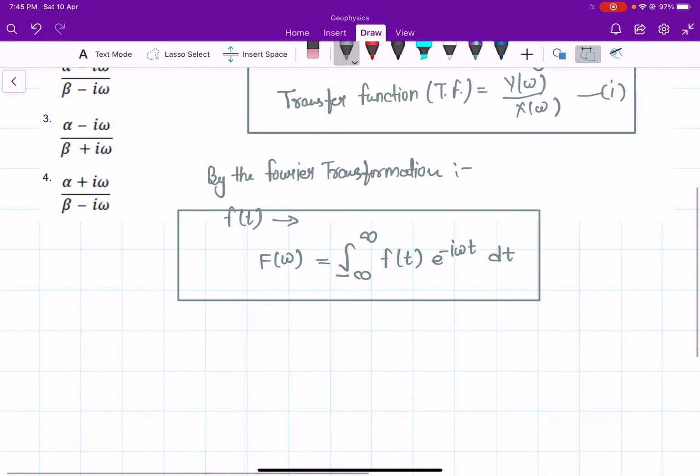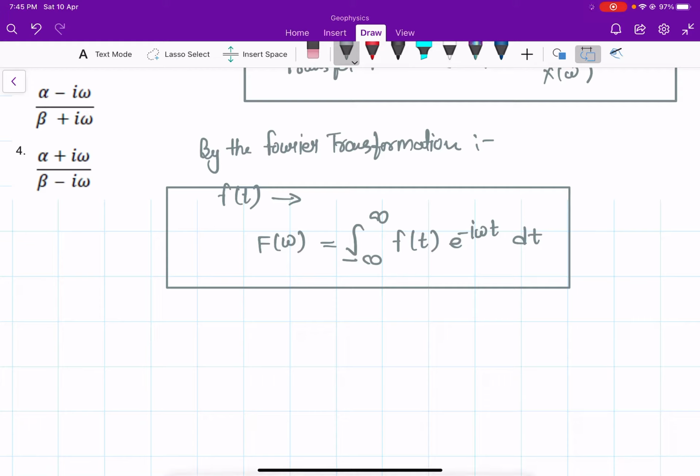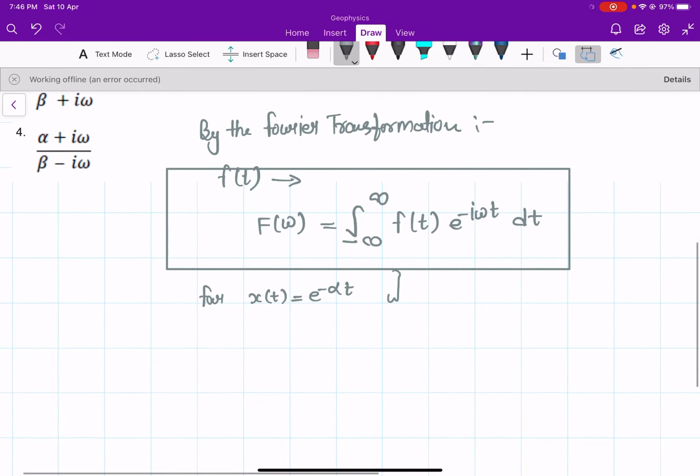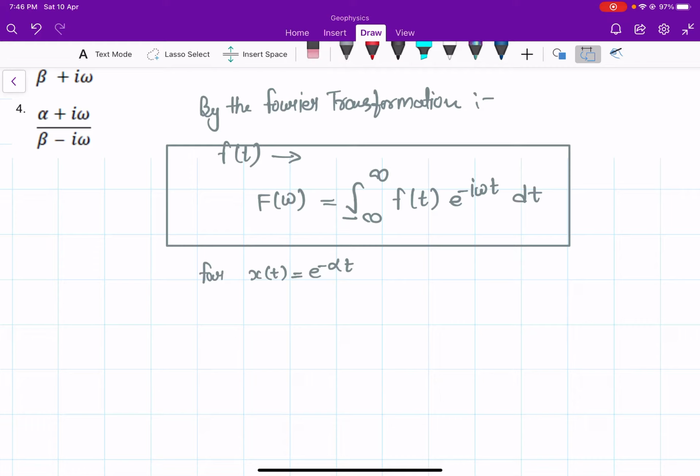So now for x(t) = e^(-αt) when t is greater than or equal to 0, and x(t) = 0 when t is less than 0.